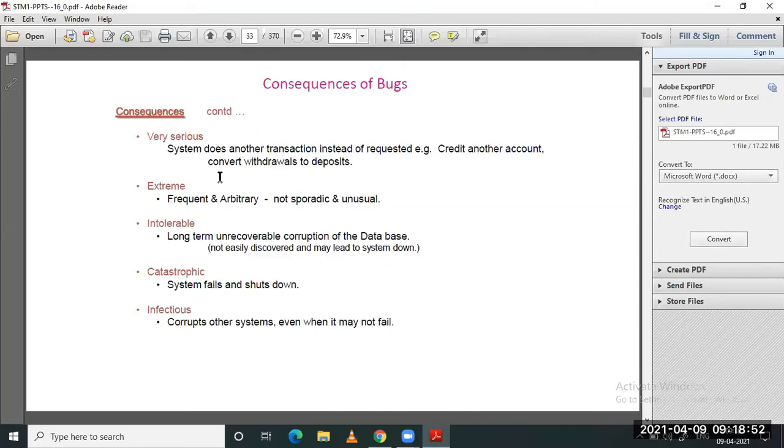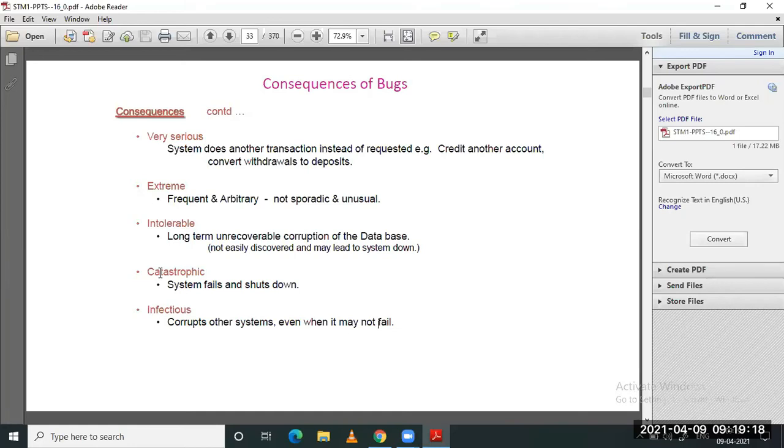Arbitrary is not so frequent, while extreme is when these types of transactions are done on the system very frequently. Intolerable is long-term, unrecoverable corruption of the databases: the database will be corrupted and its recovery takes a long time.